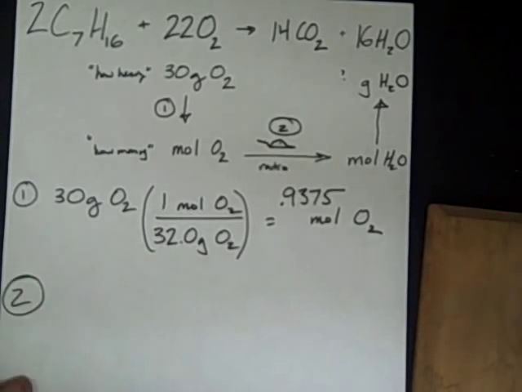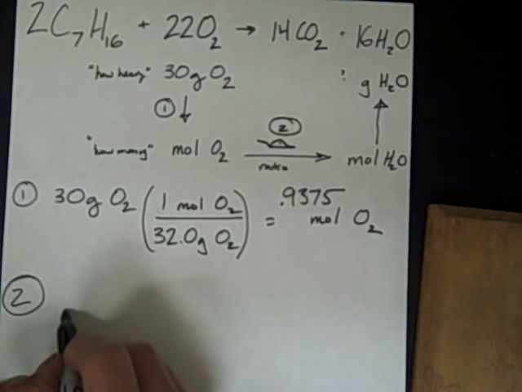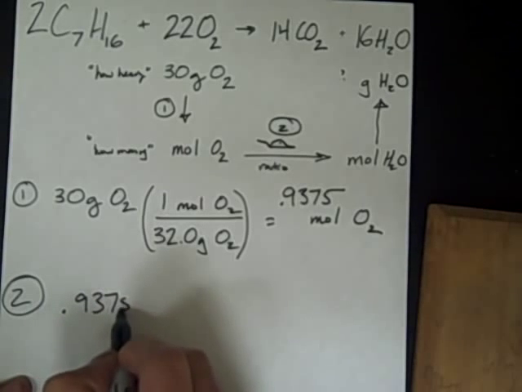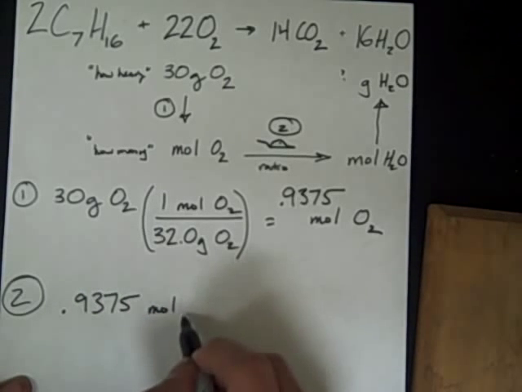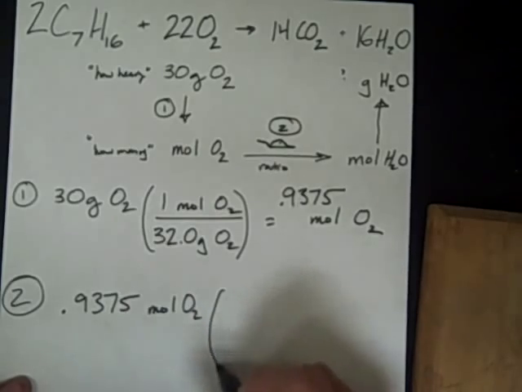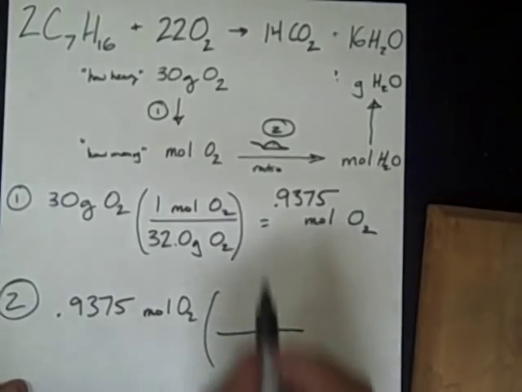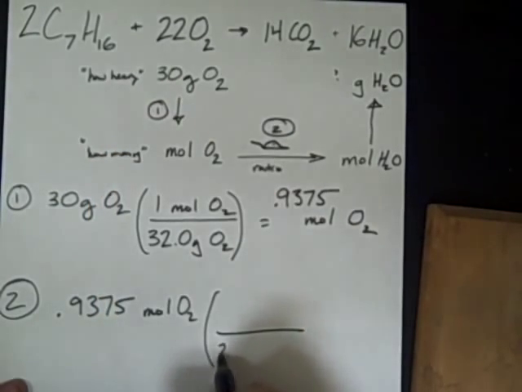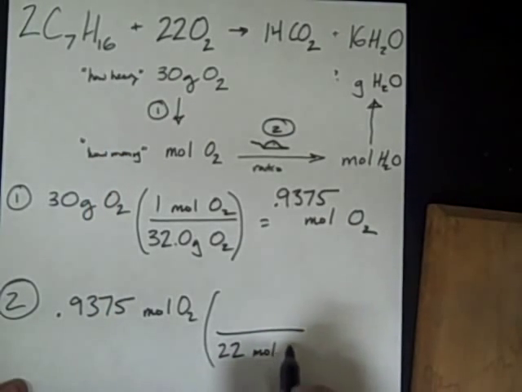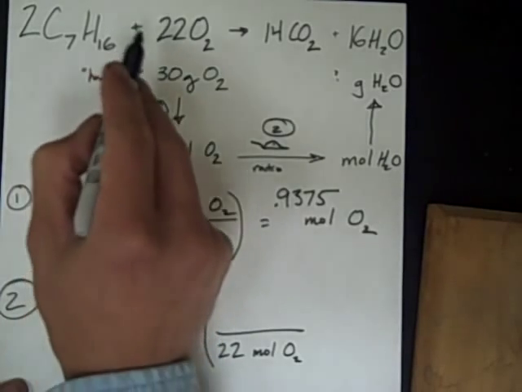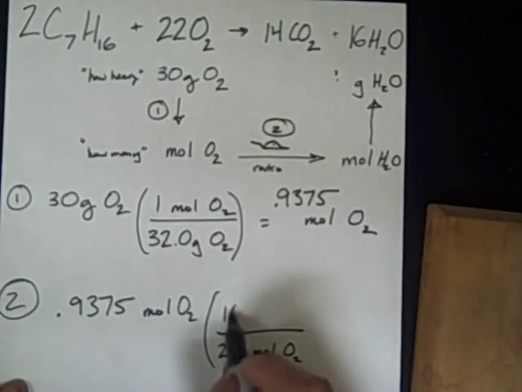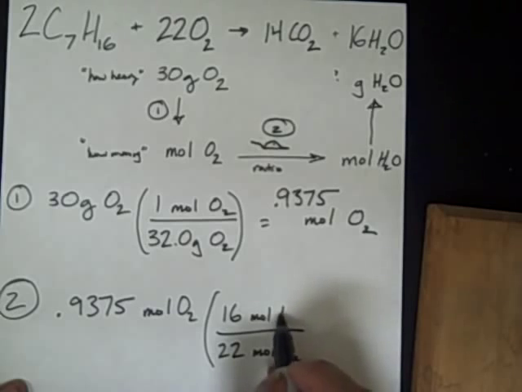Step 2, I'm going to go from 0.9375 moles of oxygen, and I know that for every 22 moles of oxygen, I get out 16 moles of water.